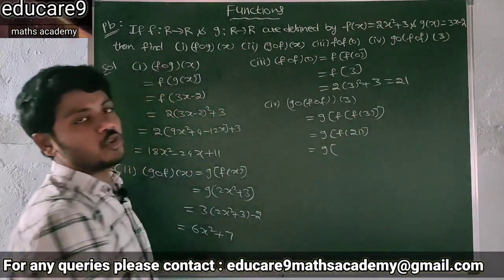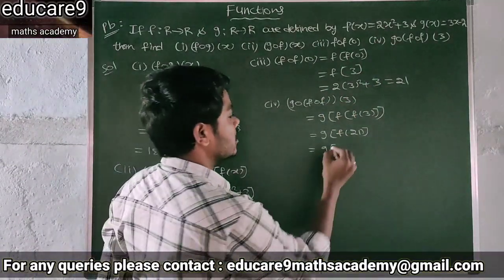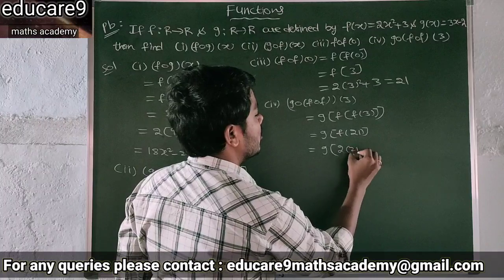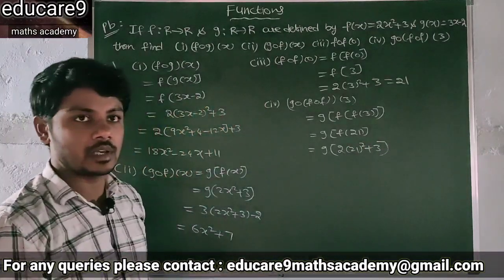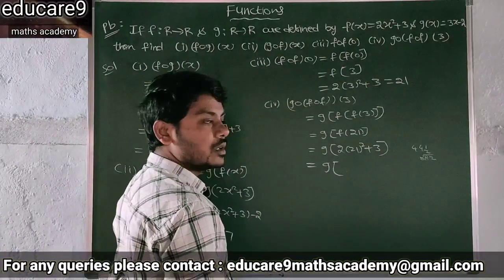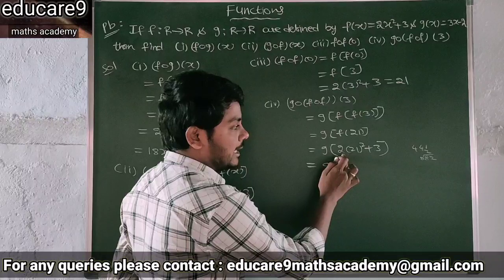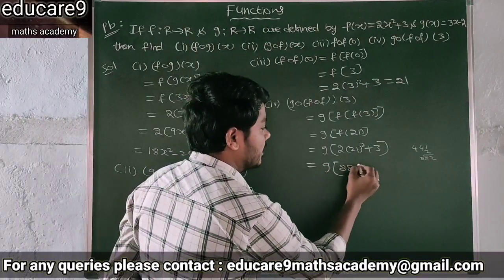So f of 21. So replace x by 21. That is 2 into 21 whole square plus 3. So this is 882 plus 3. 885.